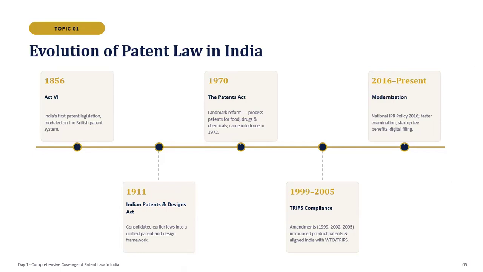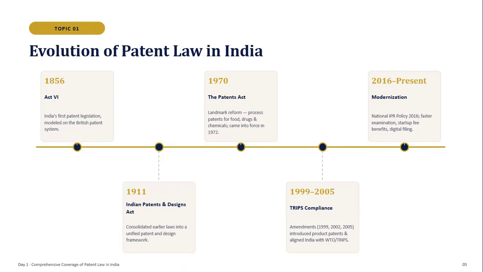In 1911, the Indian Patents and Designs Act consolidated earlier legislation into a unified framework dealing with patents and designs. A major transformation occurred with the Patents Act of 1970. This became a landmark legislation and initially focused significantly on process patents, particularly in areas such as food, drugs, and chemicals. The Act came into force in 1972.